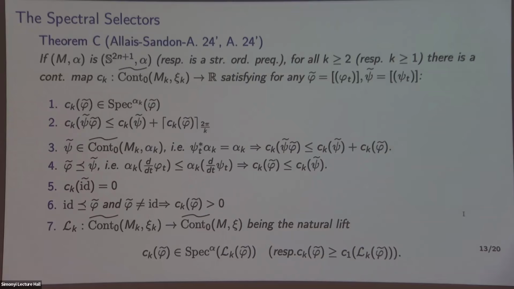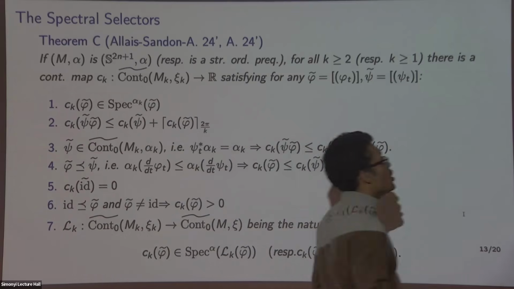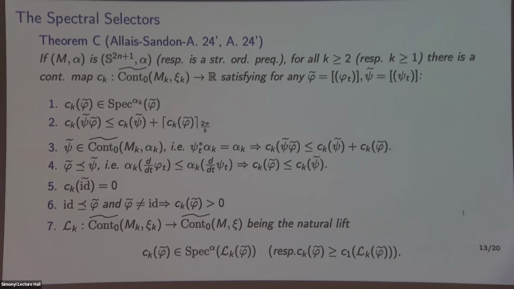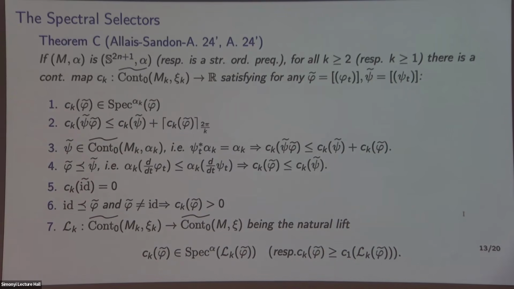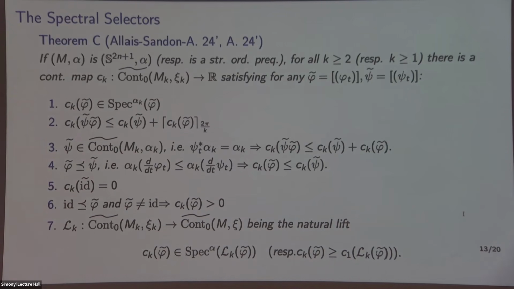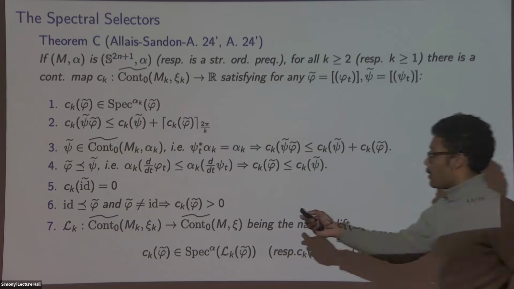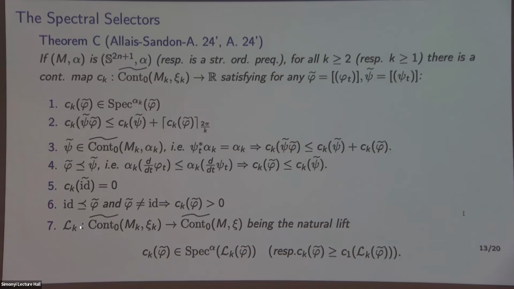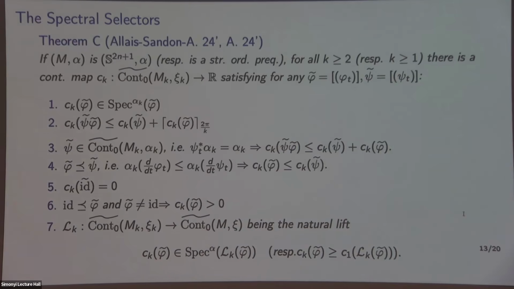And the last, a bit technical property is, okay, you have M_k, and M is a covering over M_k. So if you have a contact isotopy in M_k, you can lift it to a contact isotopy, starting at the identity, of M. And this is the map I'm talking about here, this lift.